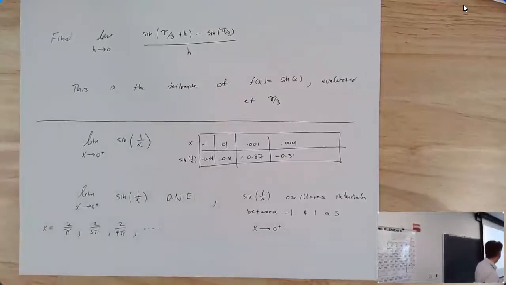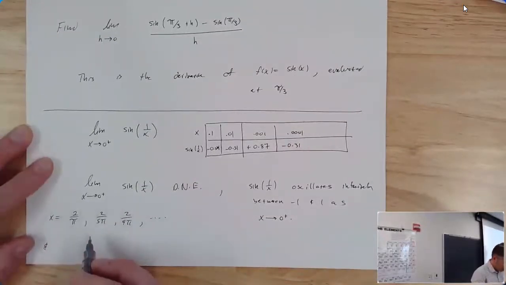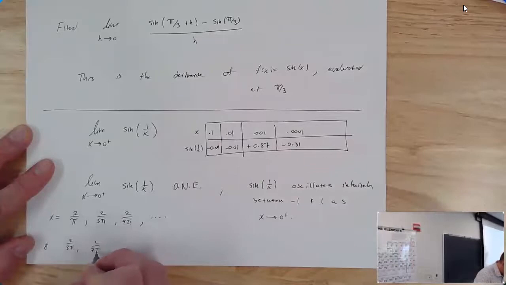So let me ask you all, would you agree that those numbers are getting smaller? 2 over pi, 2 over 5 pi, 2 over 9 pi, and so on. And then also, I want the other ones, which are 2 over 3 pi, 2 over 7 pi, 2 over 11 pi, and so on.